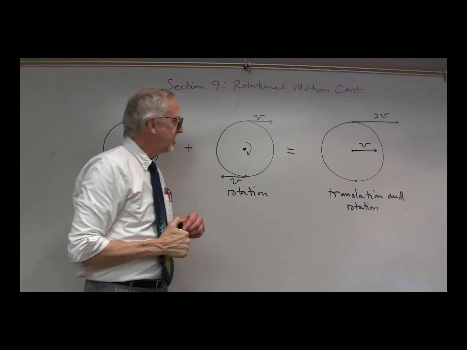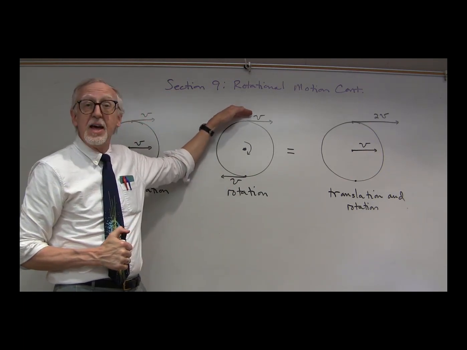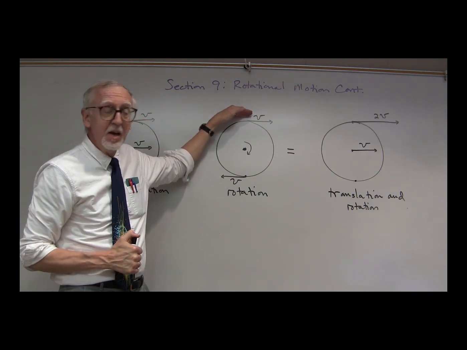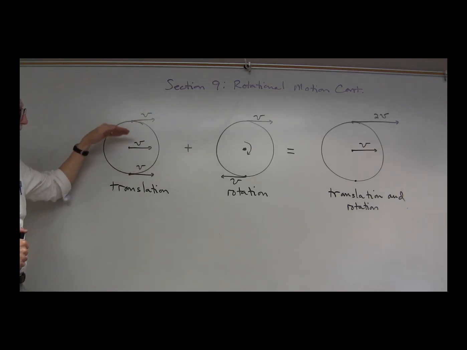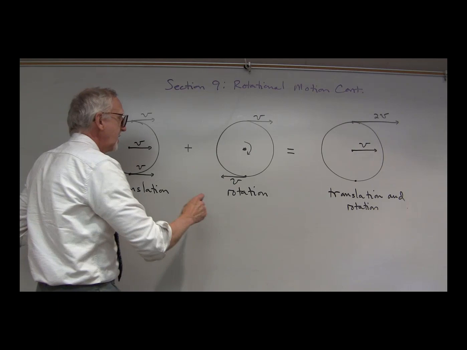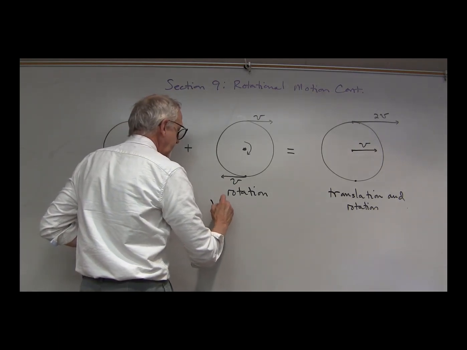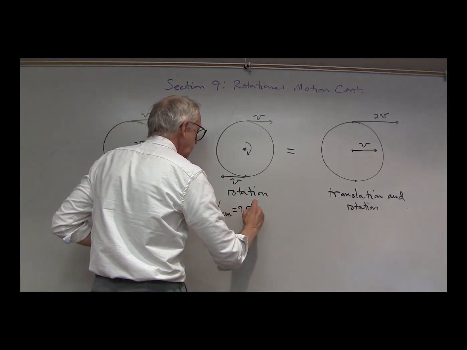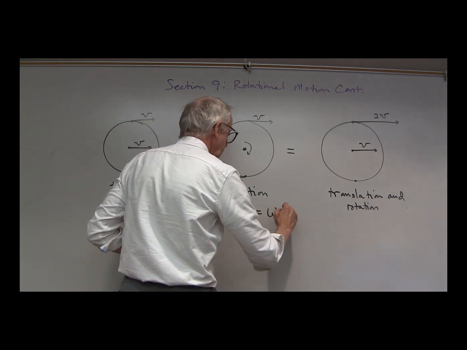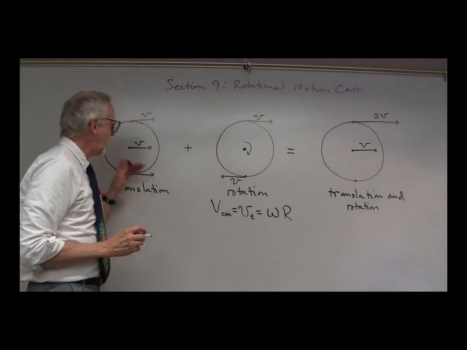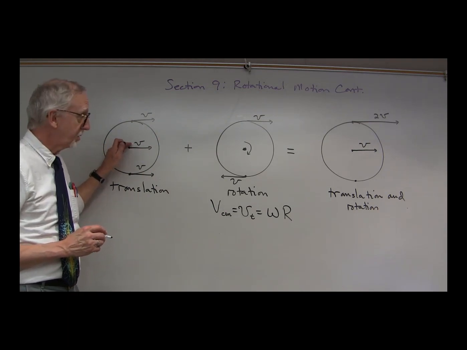Now let's imagine that this velocity, the tangential velocity, is the same as the translational velocity for the center of mass. In other words, let's imagine that the velocity of the center of mass is equal to the tangential velocity, which we have already seen is omega R, if R is the radius of our circle.